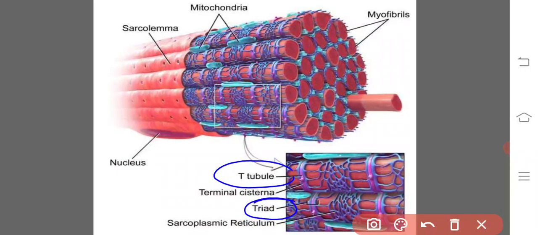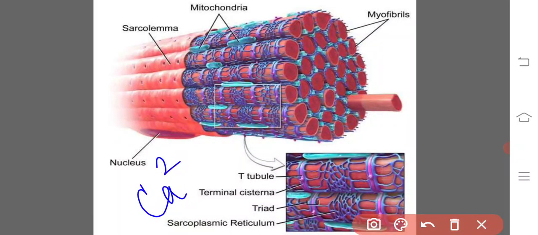It is called a triad. All these three structures form a triad. In a relaxed muscle fiber, the sarcoplasmic reticulum stores calcium ions.